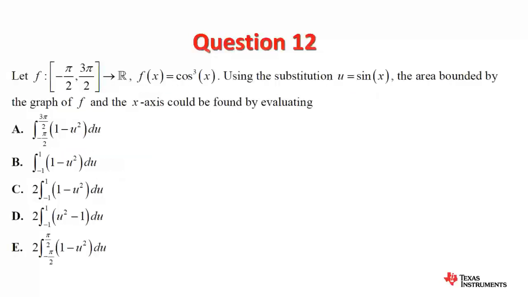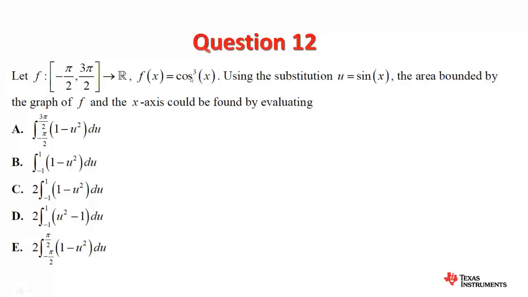Okay, so moving on to question 12, we've now got f(x) equals cos cubed of x, and we have to use the substitution u equals sine x to get the area bounded by the graph of f and the x-axis, which can be found by evaluating one of these options. Okay, so letting u equal sine x, the way to do this is you have to do it by hand.